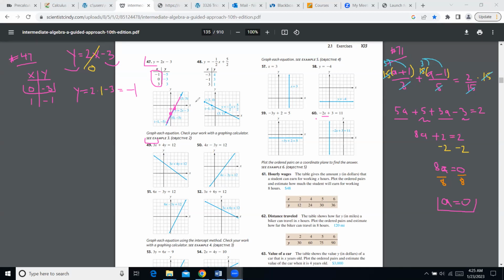So let me try another problem here, like exercise number 57, that tells us that x is equal to 3. How come the line here is vertical, right?